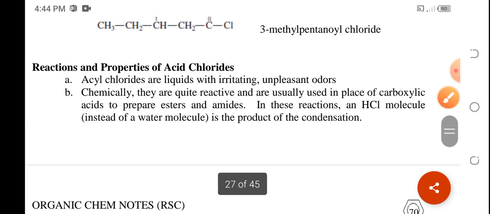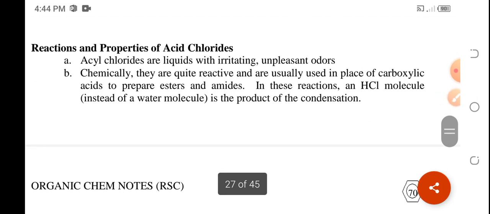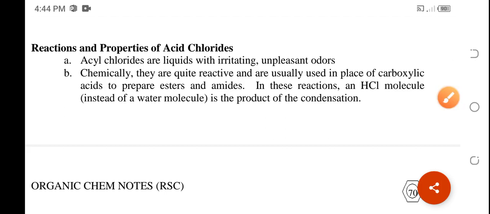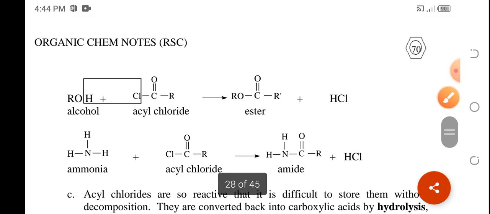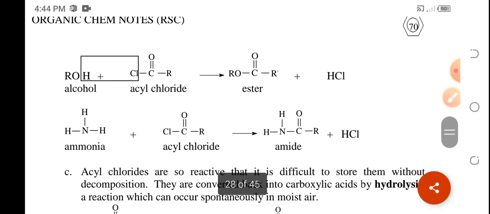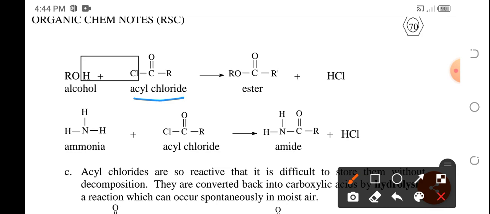Now, what are the reactions and properties of this acid chloride? They are liquids with an irritating and unpleasant odor. They are quite reactive and are usually used in place of carboxylic acids to prepare esters and amides. However, in this reaction, a hydrochloric acid molecule instead of water is produced as a product of condensation. So how do these reactions go? The acyl chloride could react with an alcohol.